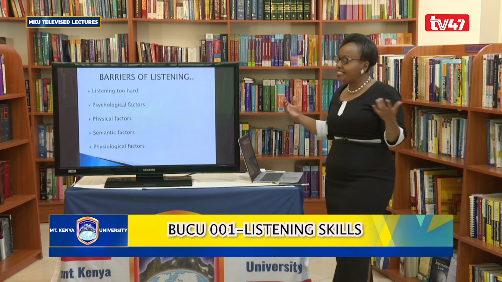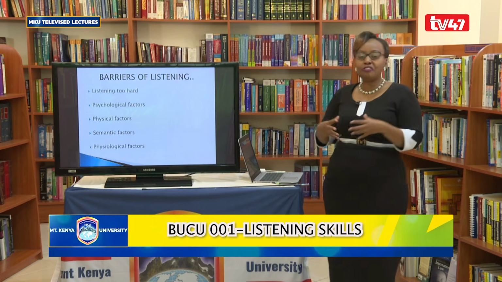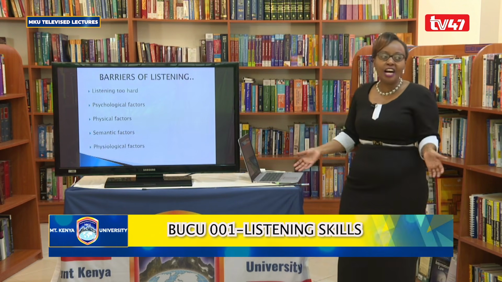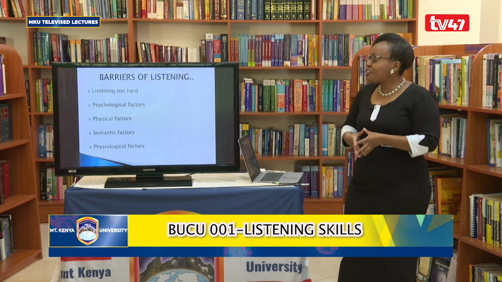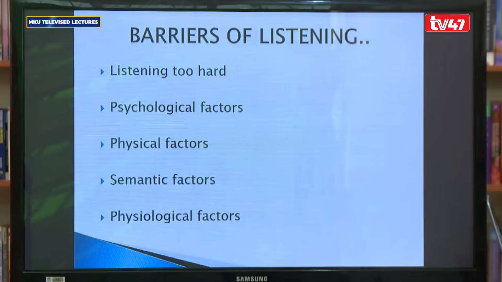So let us look at some barriers of listening. Barriers to effective listening, barriers to communication mean one and the same thing. So the first barrier to effective listening is listening too hard. What do we mean by that? This is when you want to understand each and everything that is being said by the communicator.